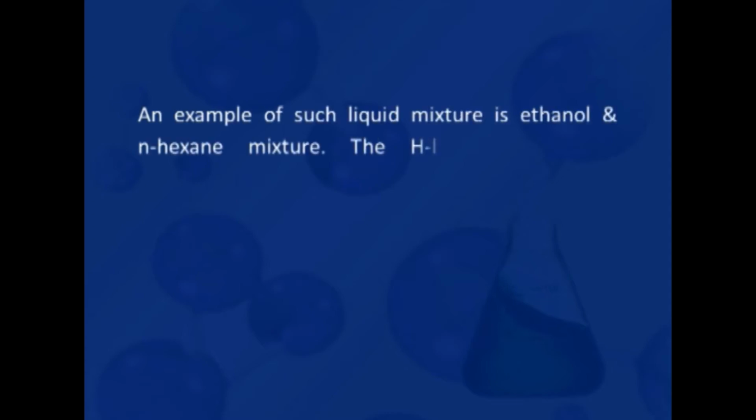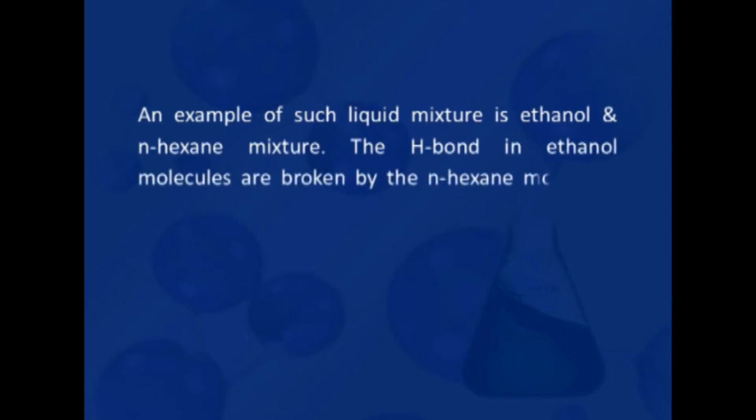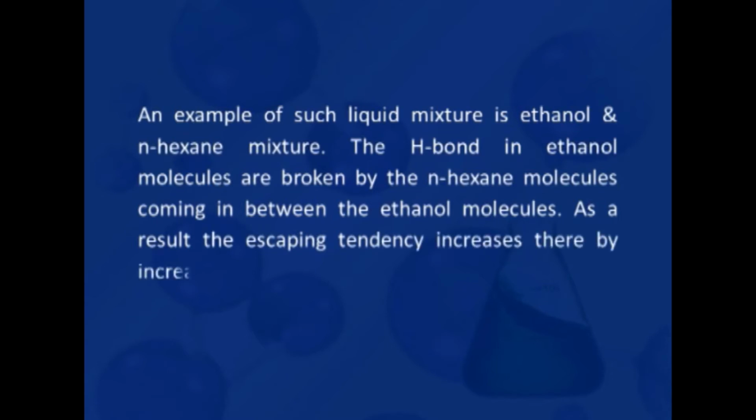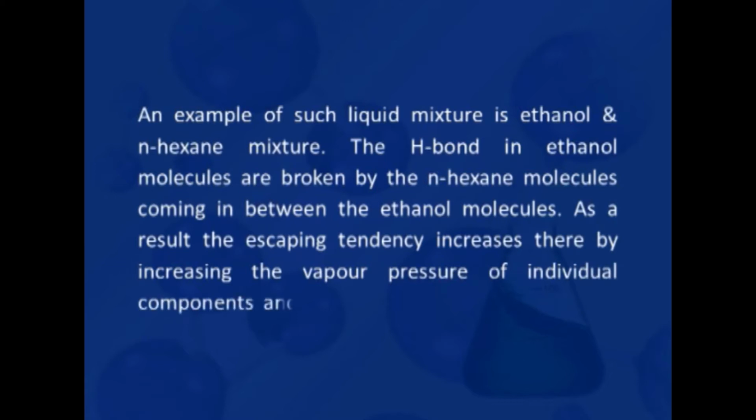An example of such a liquid mixture is ethanol and normal hexane. The hydrogen bonds in ethanol are broken by the normal hexane molecules coming in between the ethanol molecules. As a result, the escaping tendency increases, thereby increasing the vapor pressure of individual components and therefore, a positive deviation is observed.